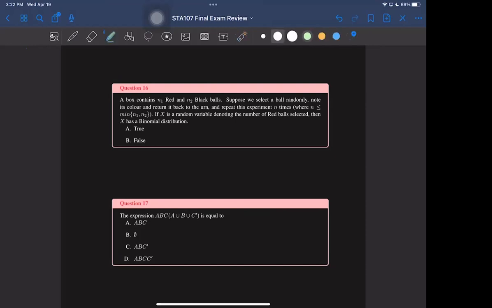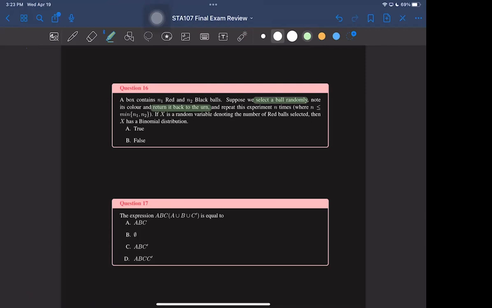Note that here we select a ball randomly and then we return it back to the urn and then we continue the experiment. It means sampling with replacement. I see 2 students answer true.